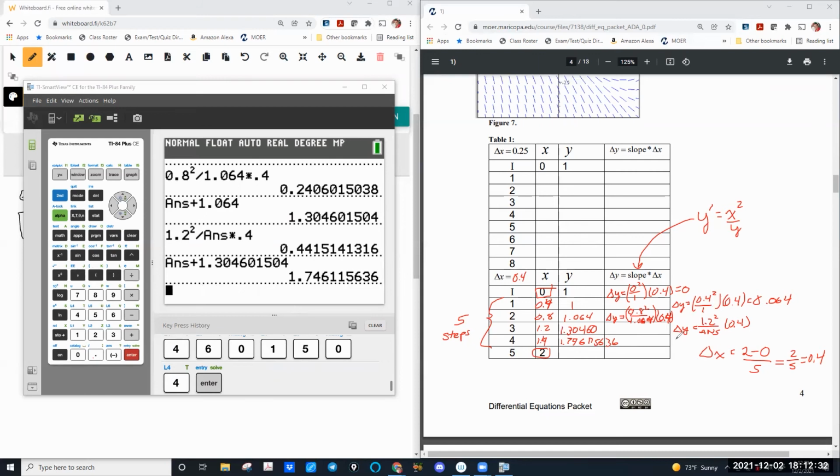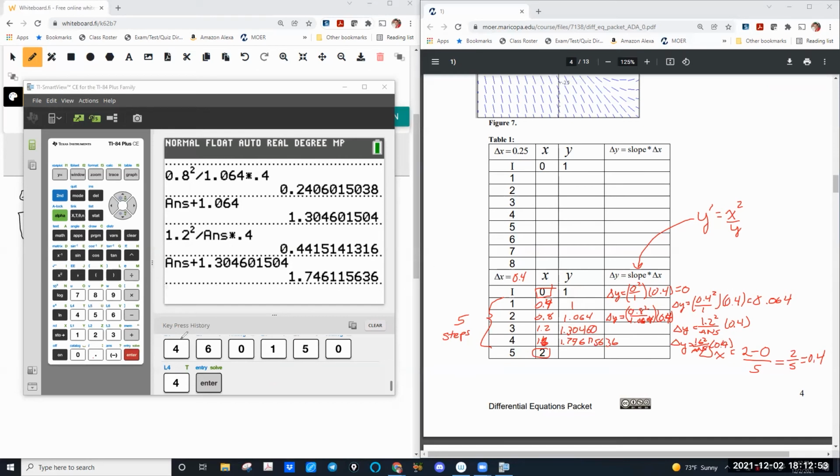All right, so I know that delta y for this one is going to be 1.6 squared. I don't know why I wrote 1.4 here. It should be 1.6 over answer. Man, did I run? Guys, this is terrible space management. I apologize.